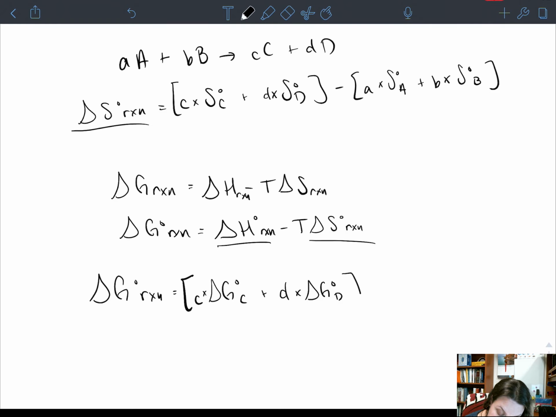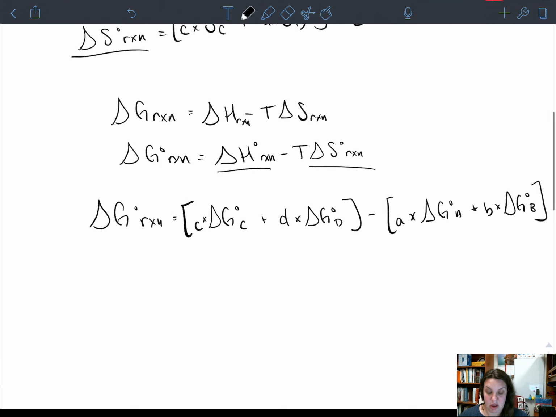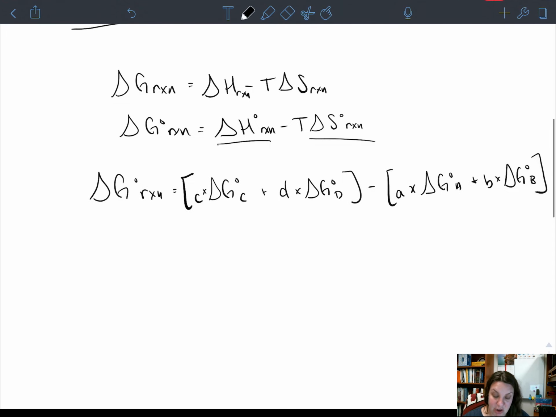This is the same equation that we did for delta H in Gen Chem 1.